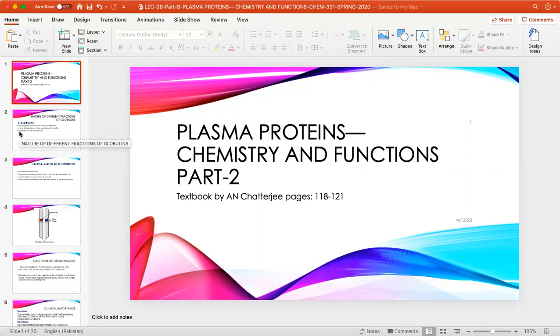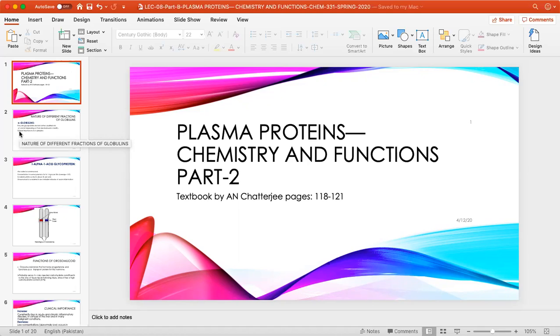There are a total of 5 plasma proteins. Number 1 is the alpha 1 globulins. Number 2 is the alpha 2 globulins. Number 3 is beta globulins. Number 4 is beta 2 microglobulin, and number 5 is gamma globulins. Now we are going to discuss all these 5 plasma proteins.